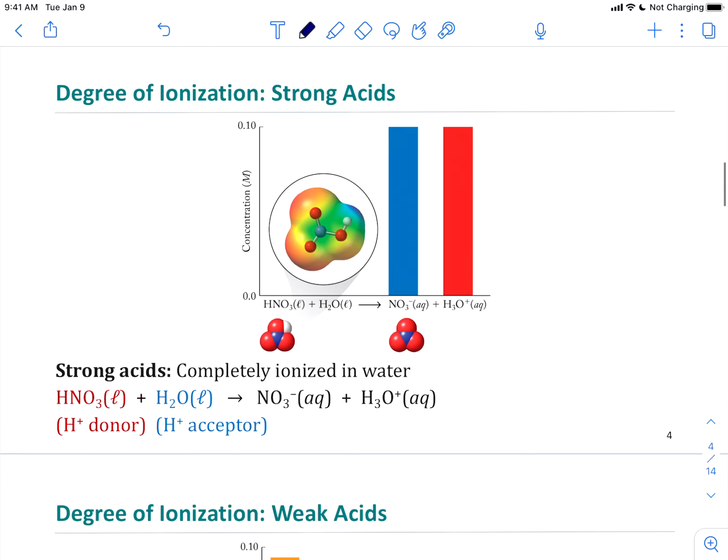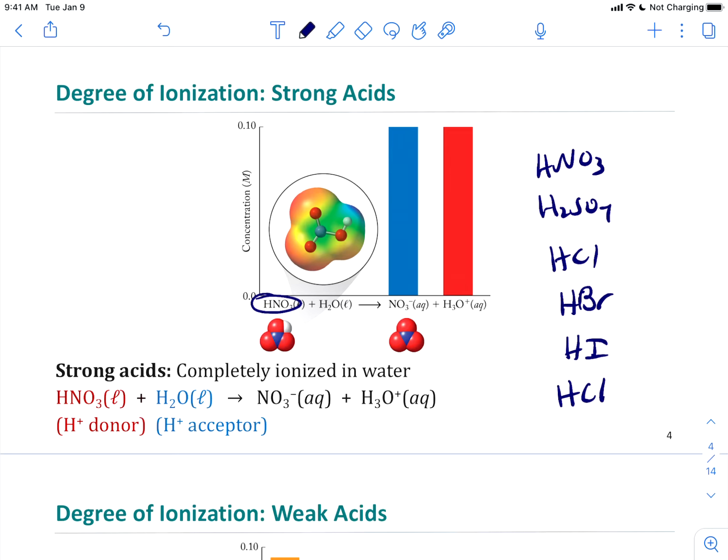So here are the strong acids: nitric acid, sulfuric acid, hydrochloric acid, hydrobromic acid, hydroiodic acid, perchloric acid. These are your classic strong acids. They completely ionize. Concentration is on the y-axis here, and there is zero of the molecular form left for strong acids.